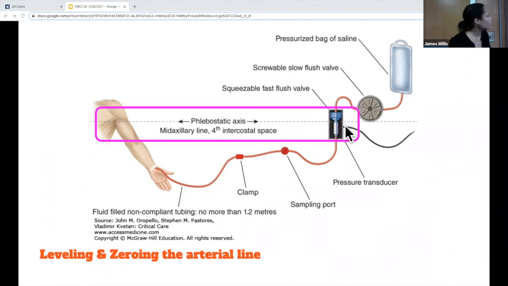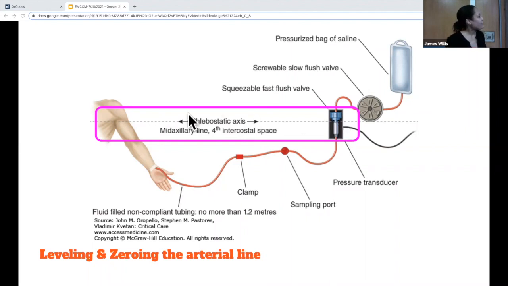But what is often the issue is leveling it. There's an important axis, the phlebostatic axis, which is about at the right atrium. It's technically the mid-axillary line, 4th intercostal space. Your pressure transducer needs to be at that level, unless it's changed in special scenarios. But in general, that's where you want it.